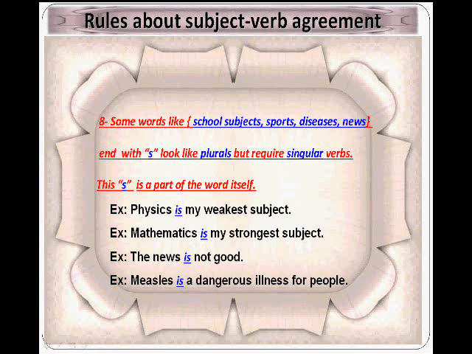Again, we can't remove the S of measles, so we have to put the verb in the singular form is. The last example: mumps is a very dangerous disease. Mumps is another disease, and it should also take is as the verb in the singular.